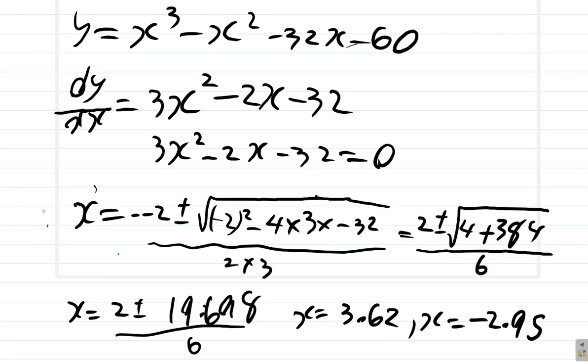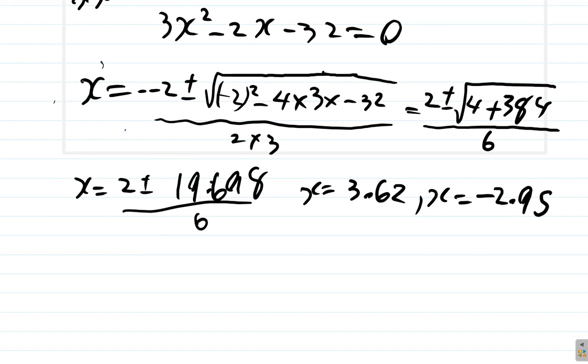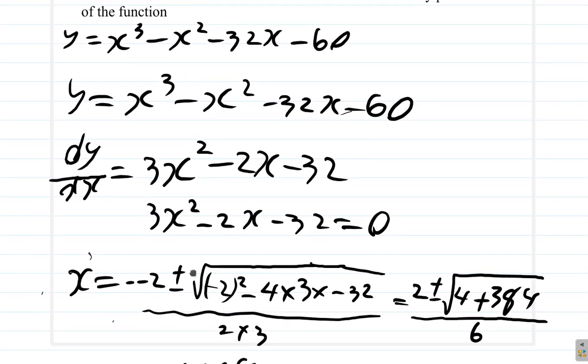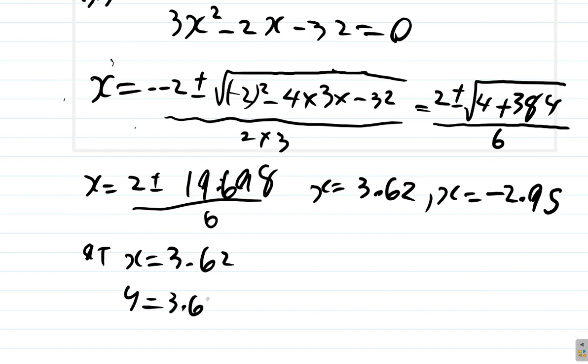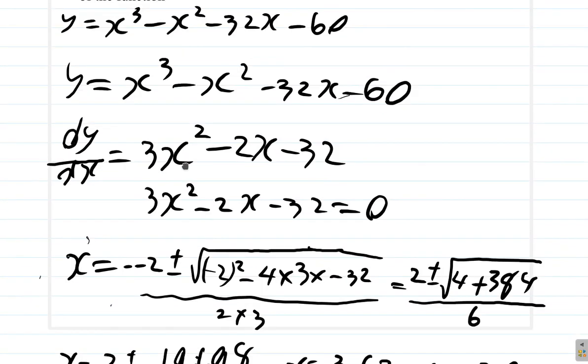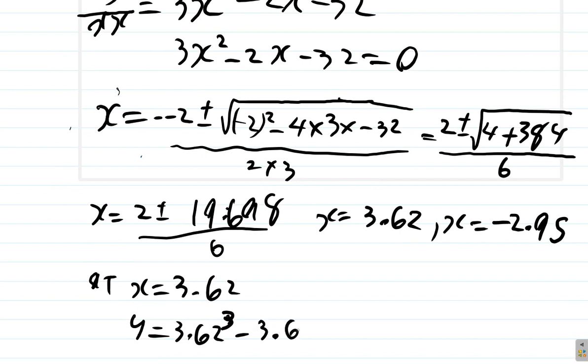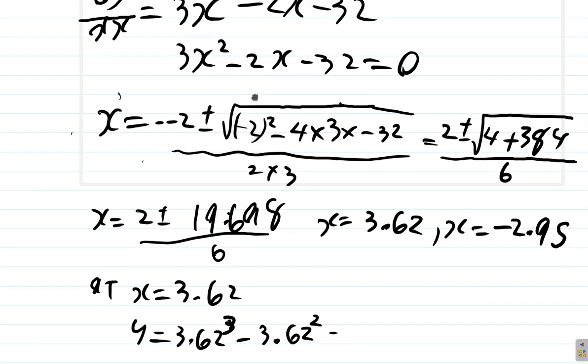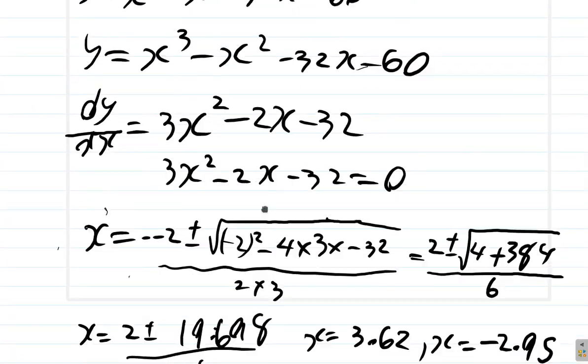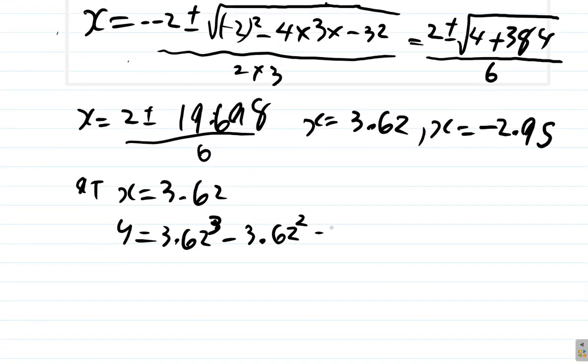What is y when x equals 3.62? So at x equals 3.62, y equals 3.62 cubed minus 3.62 squared minus 32 times 3.62 minus 60.